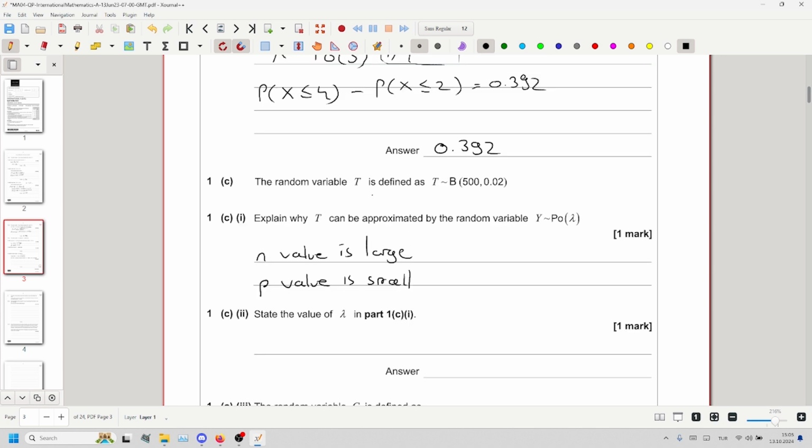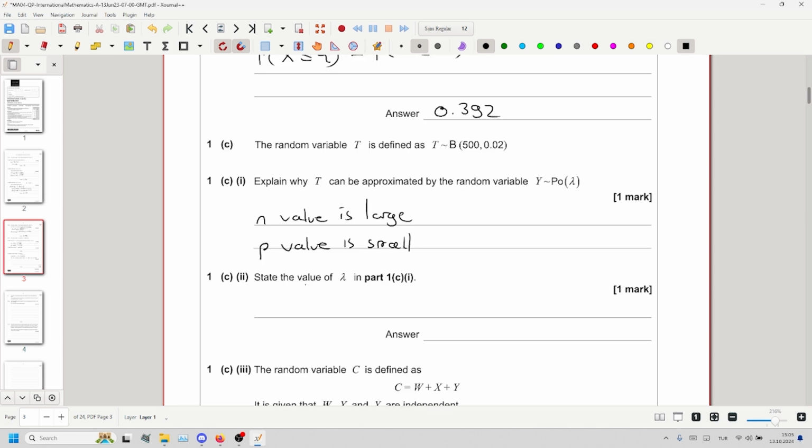Hence we can approximate it with a Poisson distribution. And our value of lambda right here is going to be equal to n times p, which is 500 multiplied by 0.02. That would be 10, I think. Yeah, that would be equal to 10. So our value is 10.